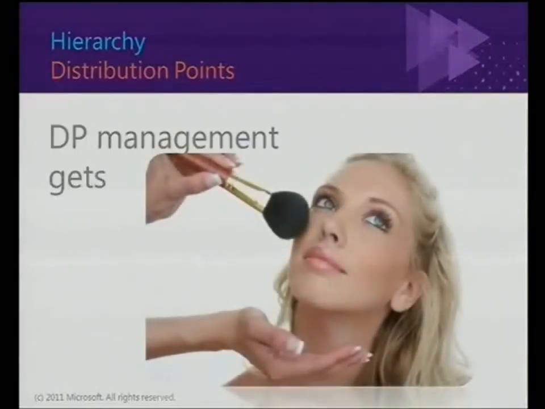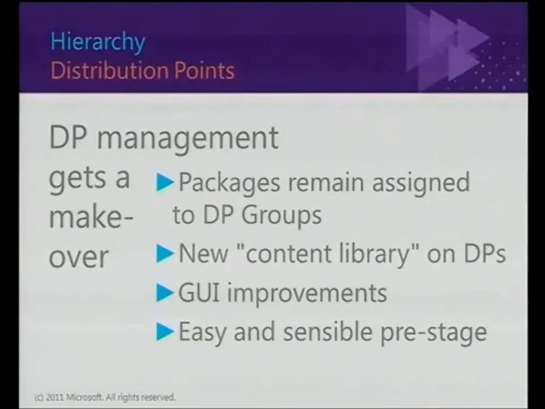Okay. There's a lot of other changes with DP management. When you assign packages to DP groups, that assignment sticks. So if you add a new DP to the group later, the DP will automatically get the content. That doesn't happen in 2007.